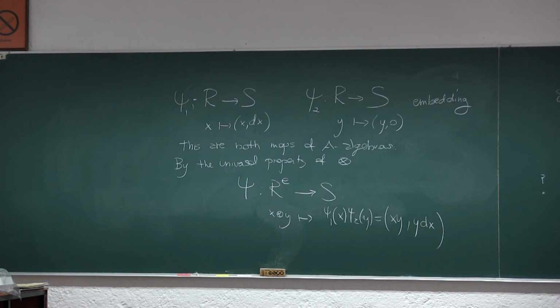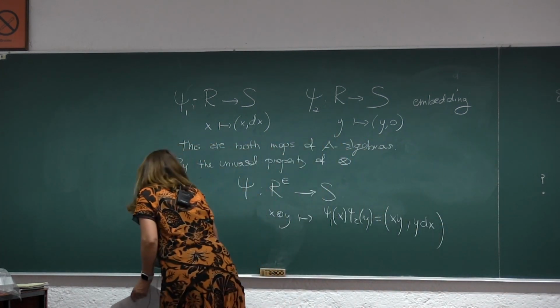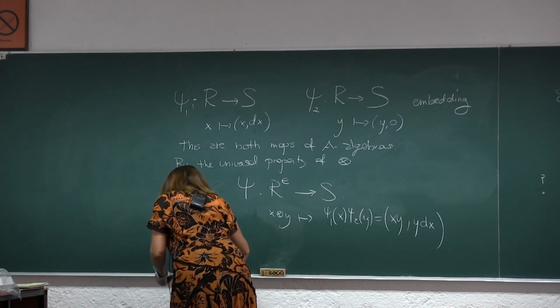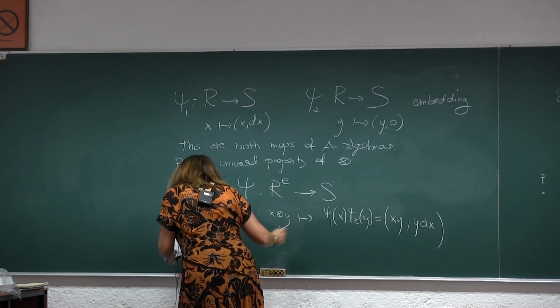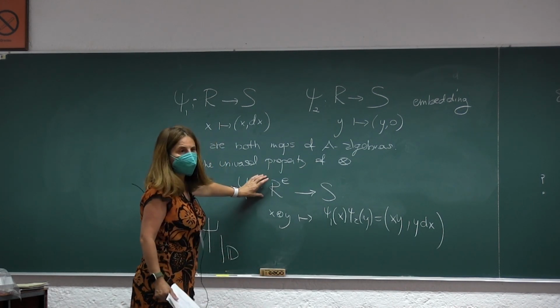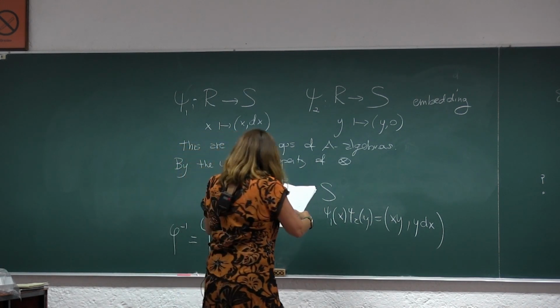And now we get our inverse this way, because our inverse, phi inverse, is simply this big phi restricted to D. So you restrict this to D, and then what do you get?